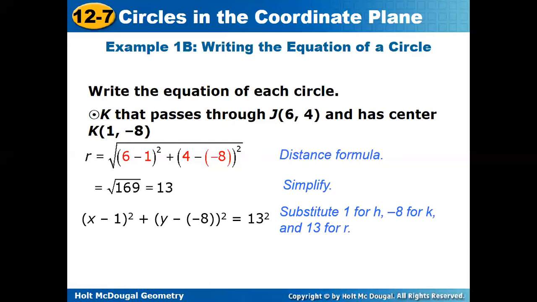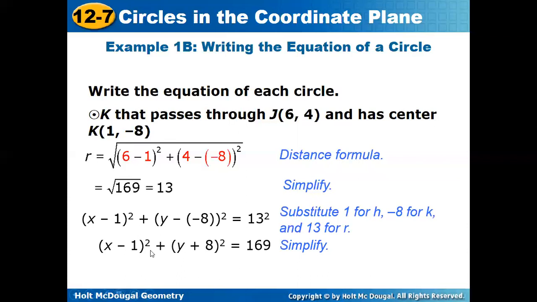Then the last step, simplify this equation. The first bracket doesn't need to simplify. It will be the same. And the second bracket, y minus negative 8 means y plus 8 all power 2 equals 13 power 2, which is 169.